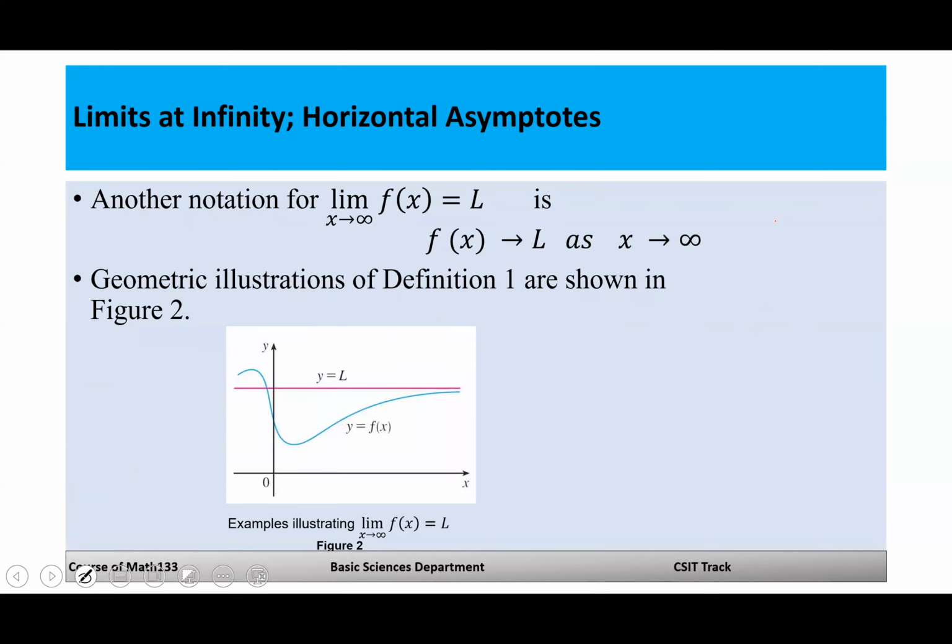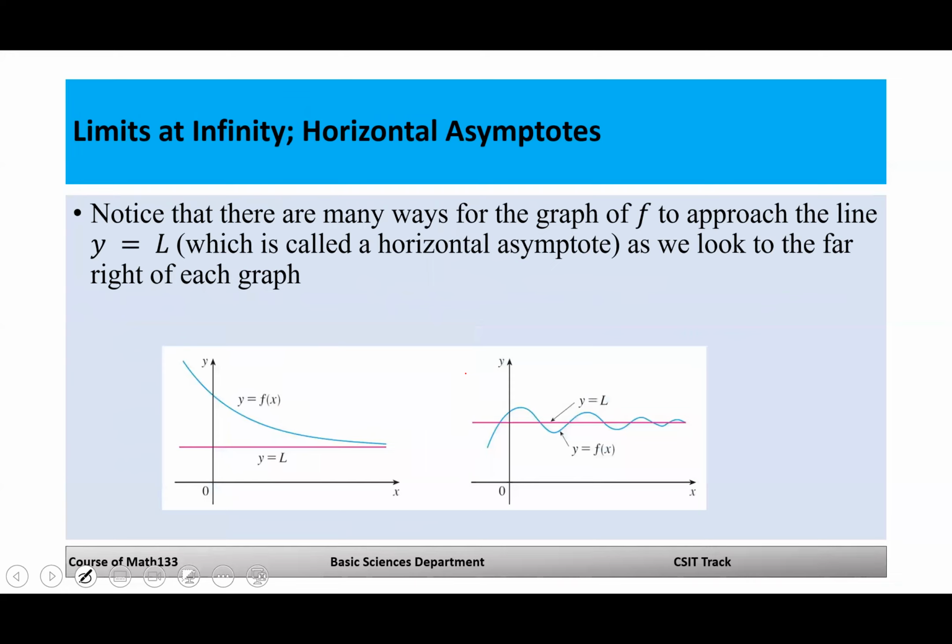So in terms of graph, you will have this situation. When we approach infinity, the function will approach the value L from under or over the value L, or sometimes oscillating. We will see all these cases. Look here, the function is over the horizontal line y equals L. And in this third situation, it is oscillating, but it goes to L. You see that the amplitude of this oscillation is getting smaller and smaller as x approaches infinity.